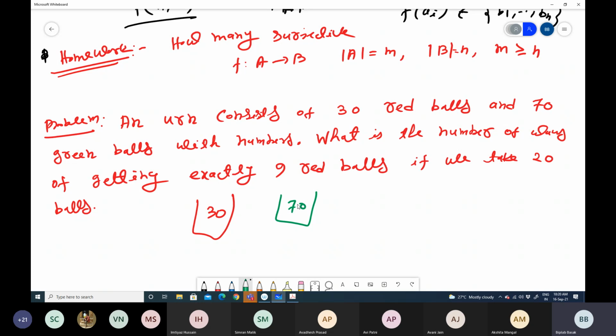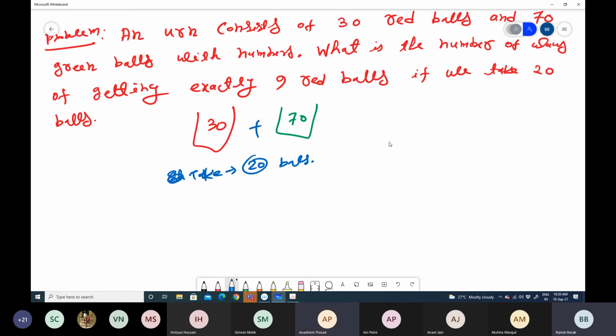You have a total of 100 balls, 30 are red and 70 are green. And what you will do is choose 20 balls among these. They are mixed, and you have taken 20 balls. So what is the number of possibilities such that there are exactly 9 red balls? Are all red balls the same or different? I'm saying that they are different, right? With numbers.